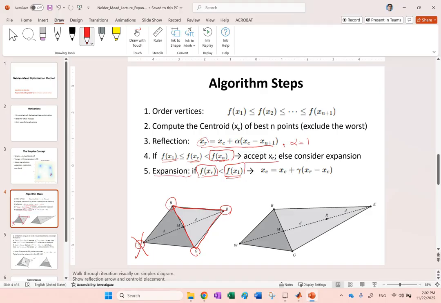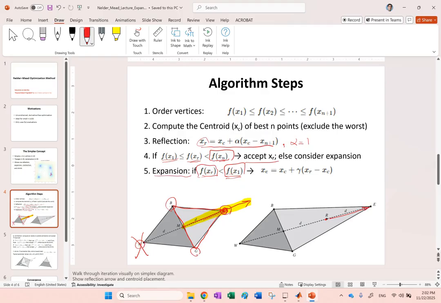We know that this direction that we are going is such a good direction because the new point I got in this direction is even beating my best one. So I say, if this direction is such a good direction, why don't I move further in that direction? So look here. Instead of stopping at R, I'm going to further expand it.